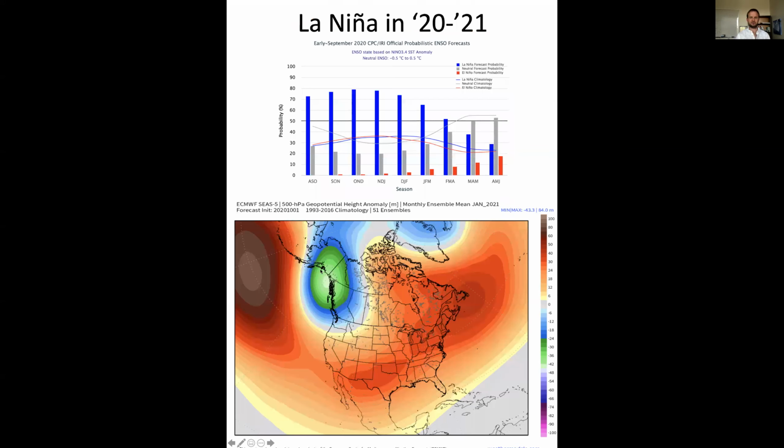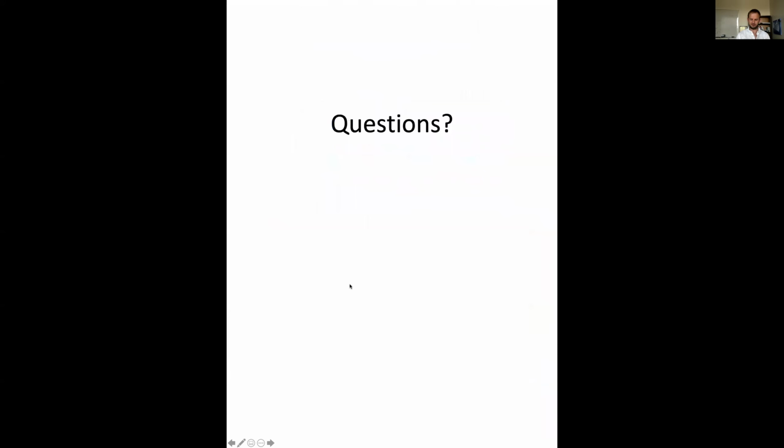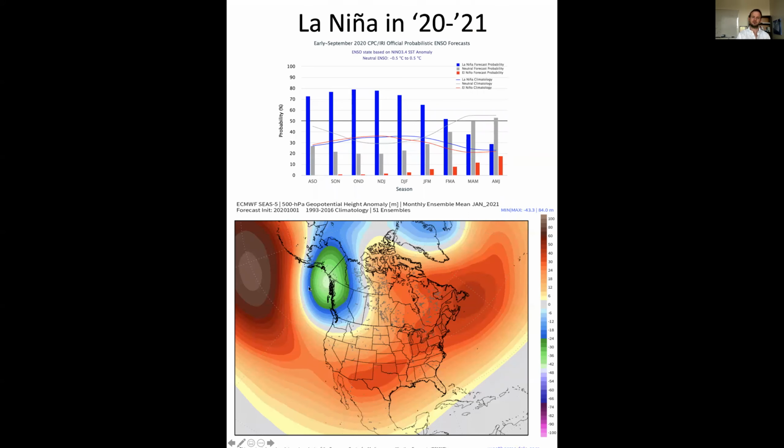So this shows a seasonal prediction of the geopotential height contours and how they differ from the normal situation. This is for January, just as an example. And just as what I showed here, this looks very similar.